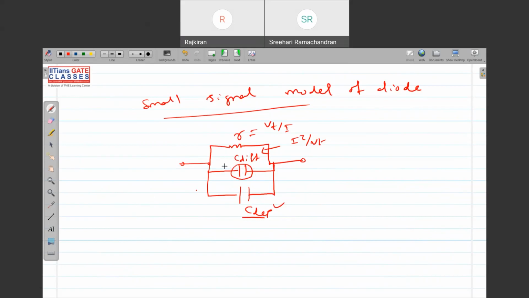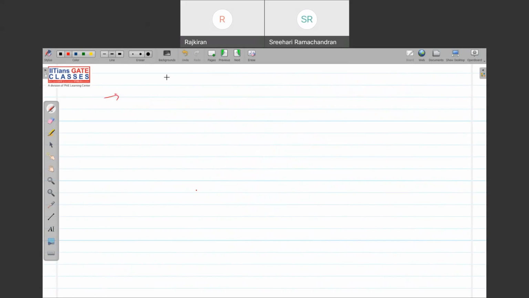So this is the end of my diode. In diode, what have you understood? You have understood the PN junction in equilibrium. In equilibrium, what are the things you covered? You covered built-in potential, built-in electric field, and depletion width.